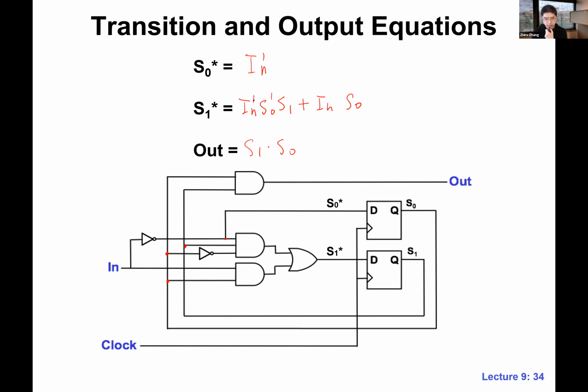All right. So once we have this, what do we do next? Can we reconstruct the state diagram from the circuit? How? What's the next step? How do we construct the state diagram?